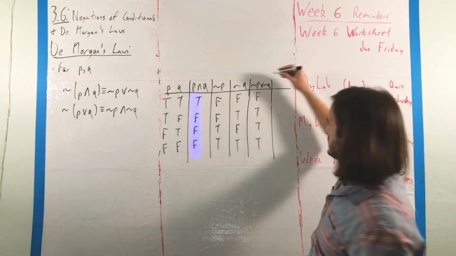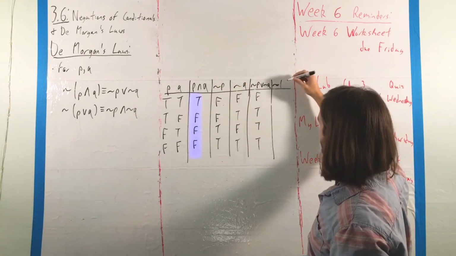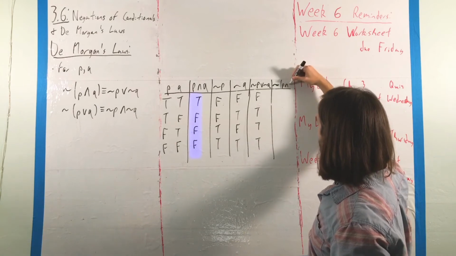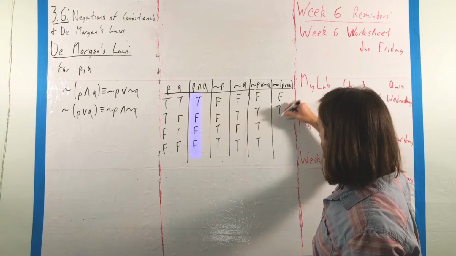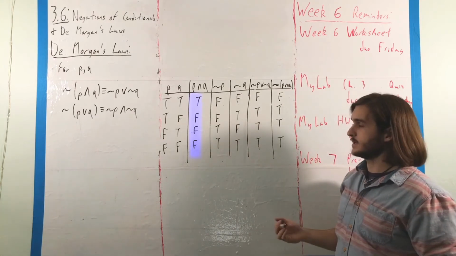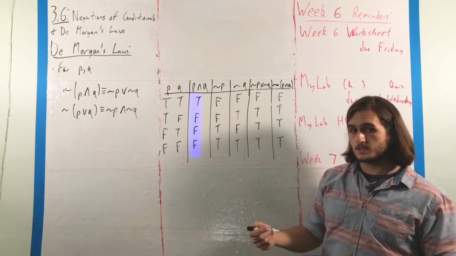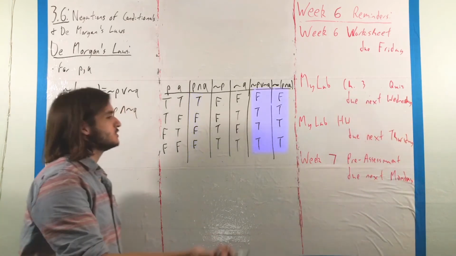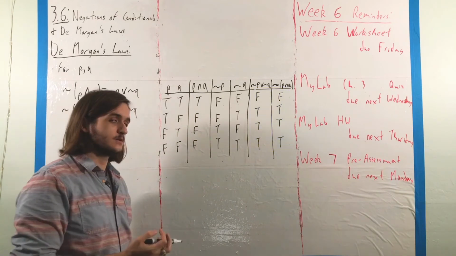Meanwhile, if we were to take this statement here and negate it directly, that is, take the negation of the conjunction P and Q, we would get a statement that is false, true, true, and finally true, which tells us, based on our main idea here when we're looking at truth tables to establish equivalence, that these two statements are equivalent. And this tells us something else.